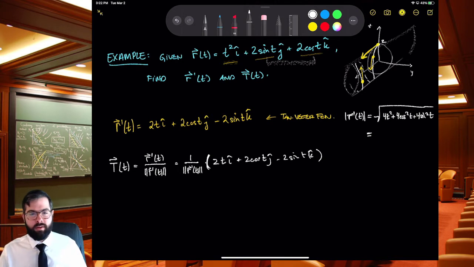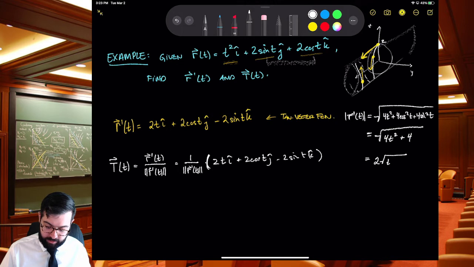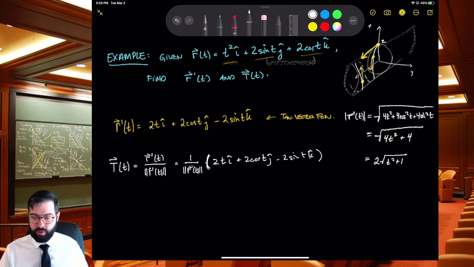And then the Pythagorean theorem is going to come in here and help us simplify this a bit. So we get 4t squared plus 4 under the radical. Factor out the 4, and the cos squared plus sine squared gets you 1. I'm going to take it one step further, factor out that 4 from the square root, and just get 2 radical t squared plus 1.